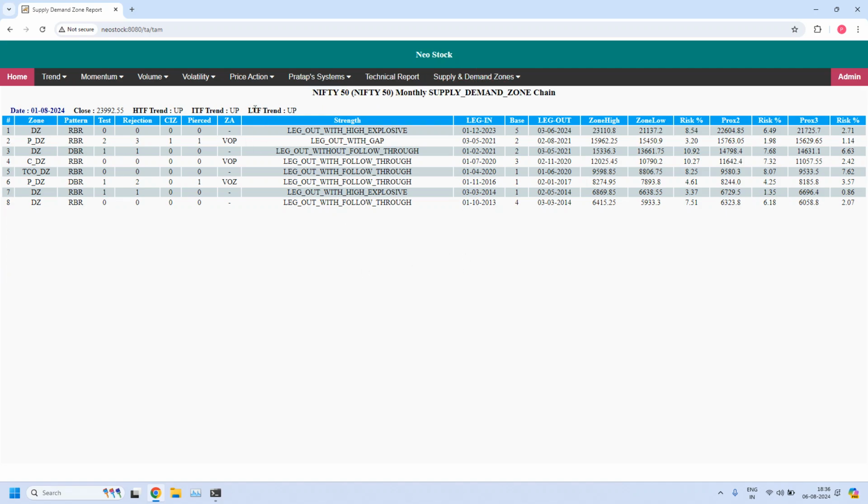And also look into the trend. Whichever time frame you select, that will always be the lower time frame. That is the way the software assumes. Now you selected monthly, so monthly is assumed as the entry time frame, LTF. One time frame higher, this is a quarterly trend. And one more time frame higher, this is the HTF trend. This is the yearly trend. That way you can understand.